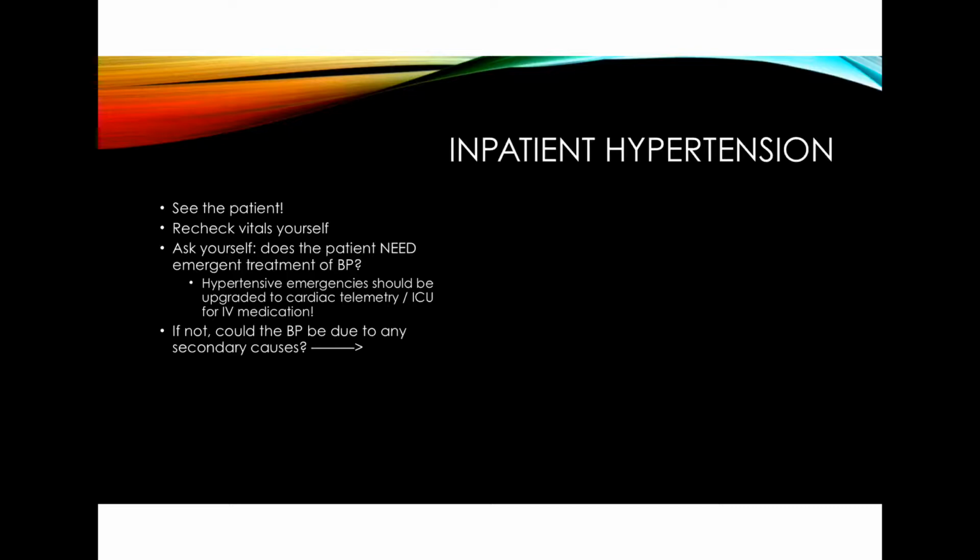And these are different from the secondary causes of chronic hypertension, and we'll discuss those shortly. If you can't find any secondary causes, think of restarting the patient's home blood pressure medications, which we often do hold on admission for various reasons.